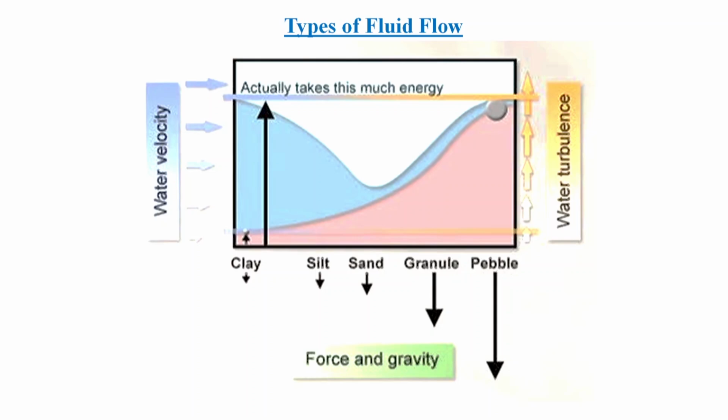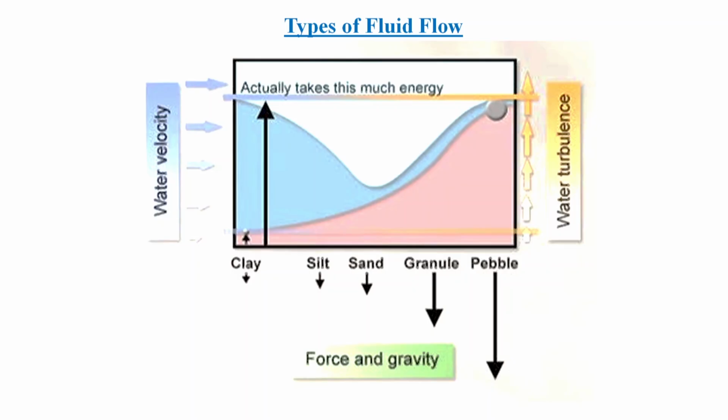This chart has been derived from flume experiments. A flume is a large cylindrical tube where particles of different grain sizes are kept, and water flows from one end of the pipe to the other. In doing so, it always transports the sand first, but it does not transport the clay first, or even the pebble first. So why is it so?